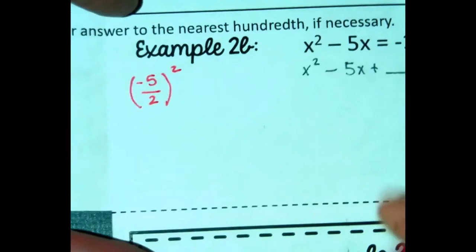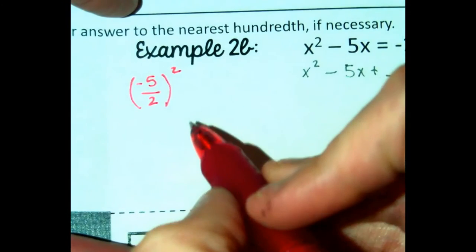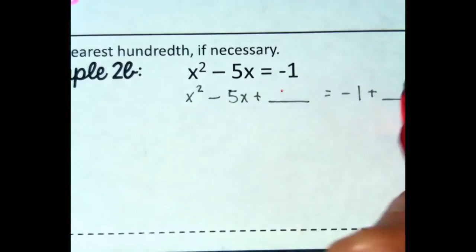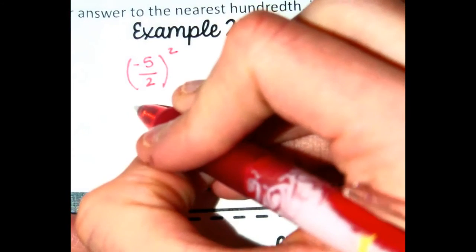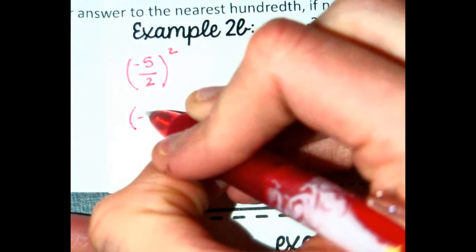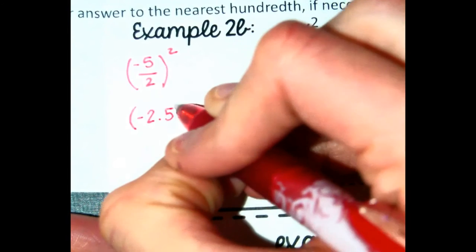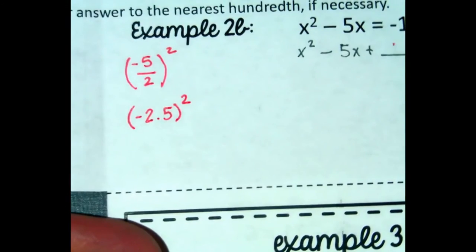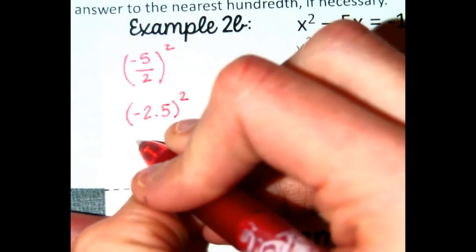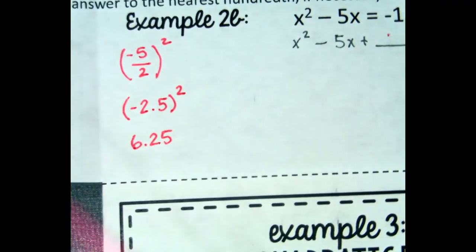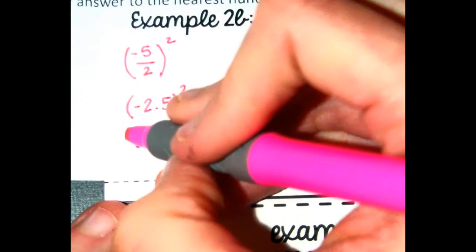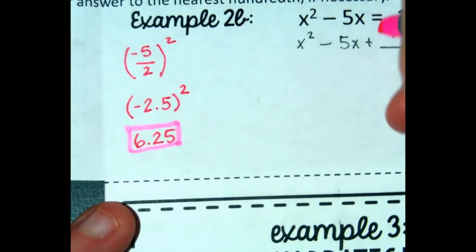Here's what I mean. Some of you are not writing this down over here, and then you have no idea what goes here and here. If you are, thank you. What is -5 divided by 2? What is -2.5 squared? 6.25. This number goes in both blanks.